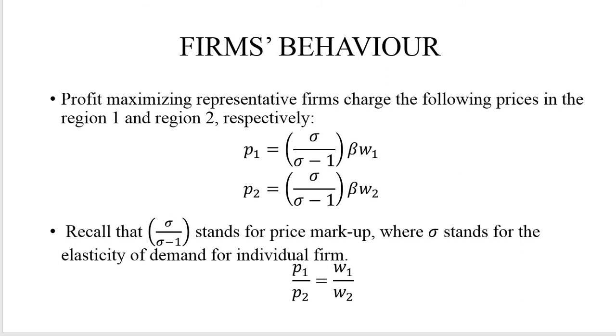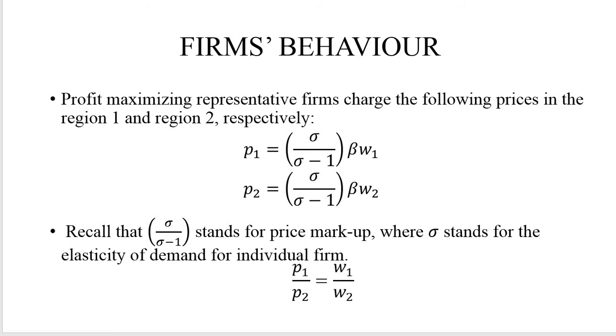Markup is calculated as elasticity divided by elasticity minus 1. And as we discussed at the very beginning of this video, in this model, sigma stands for the elasticity of demand the individual firm faces. So we calculate price markup as sigma over sigma minus 1.